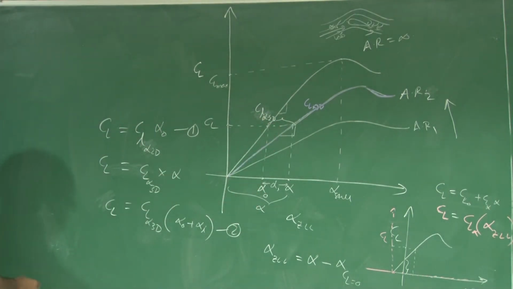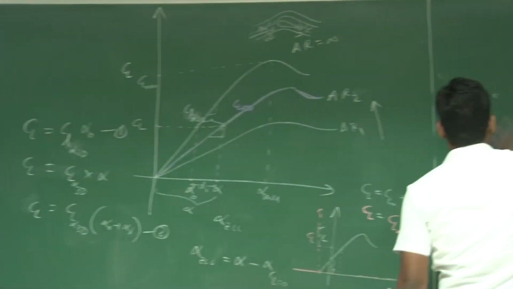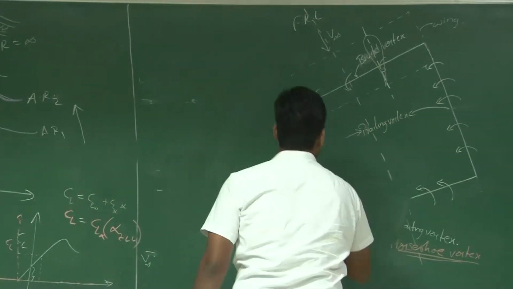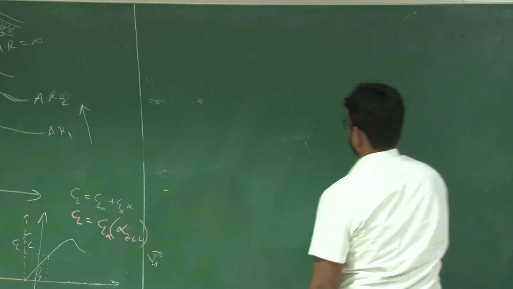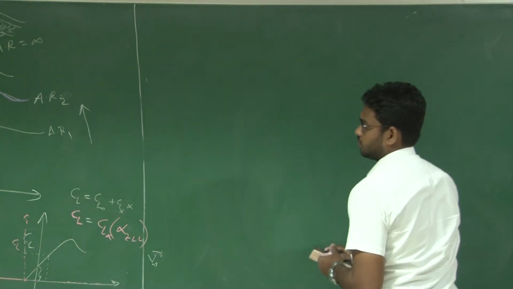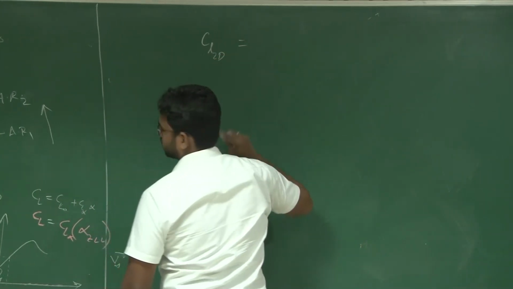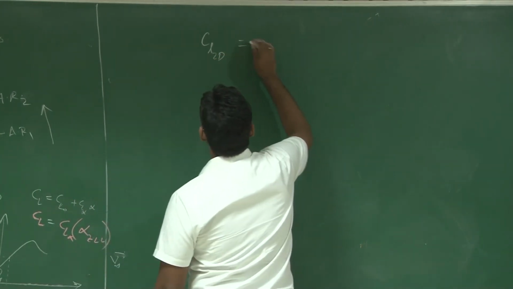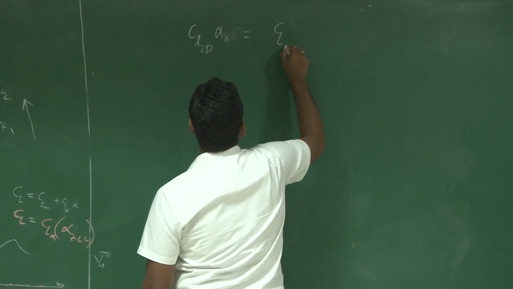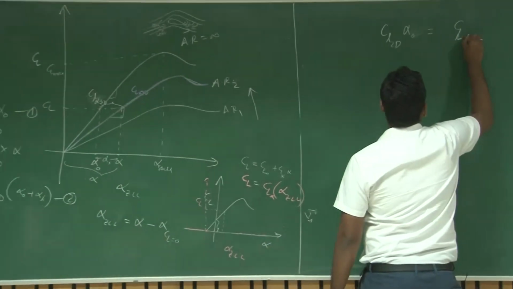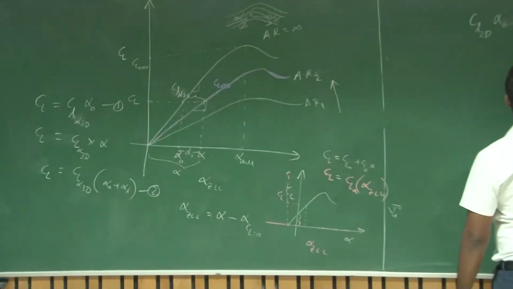So CL alpha 2D into alpha naught is equal to CL alpha, or CL alpha 3D, into alpha.